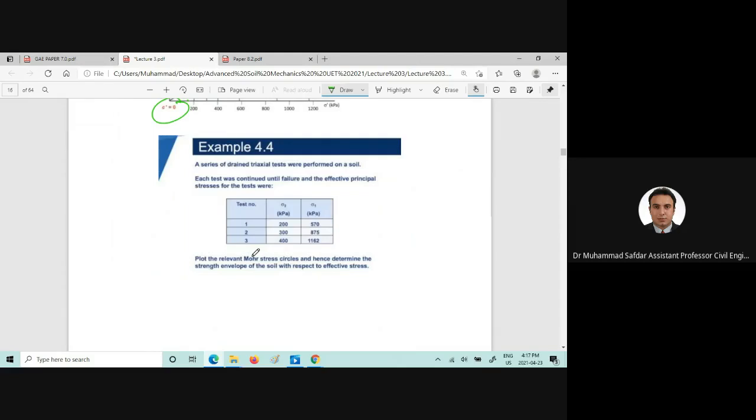An example is given here where sigma 3 confining pressures of 200, 300 and 400 kilopascals were applied, and sigma 1 is sigma 3 plus sigma D. Please kindly find the values of sigma D1, sigma D2, and sigma D3 for each case. Sigma D1 is 370.